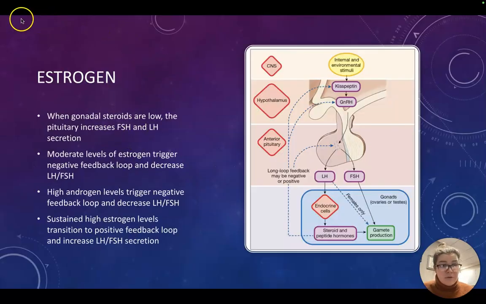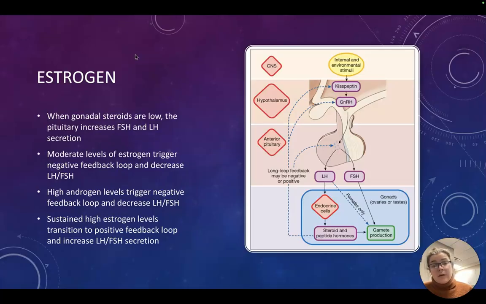Now, I wanted to focus on estrogen for a minute because there's a unique feedback process during the cycling of the reproductive system. When steroids in the gonads are low, there is an increase in FSH and LH by the pituitary.